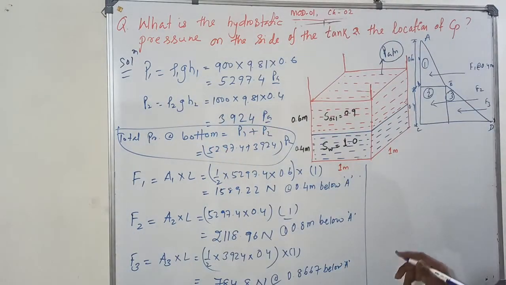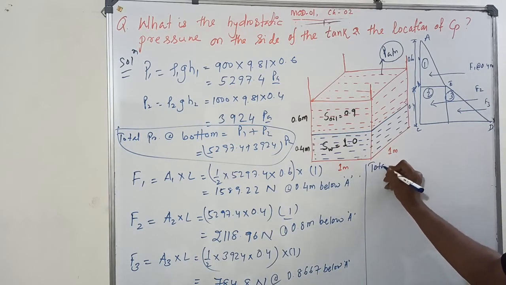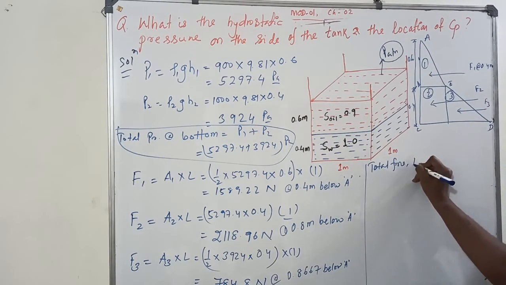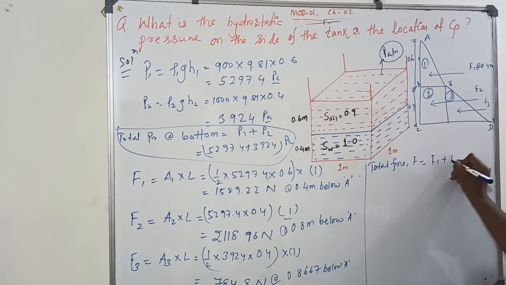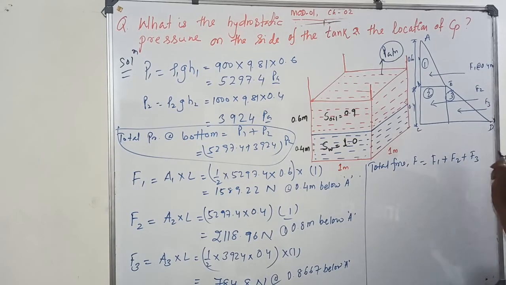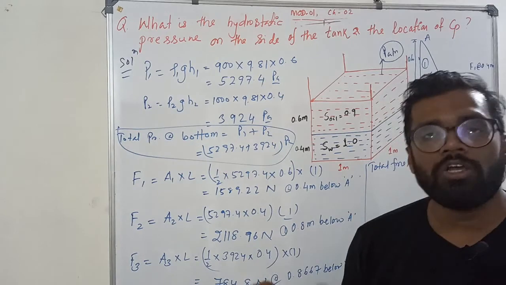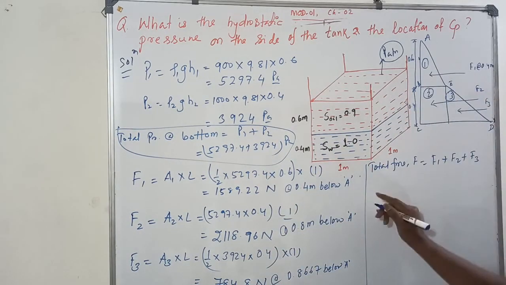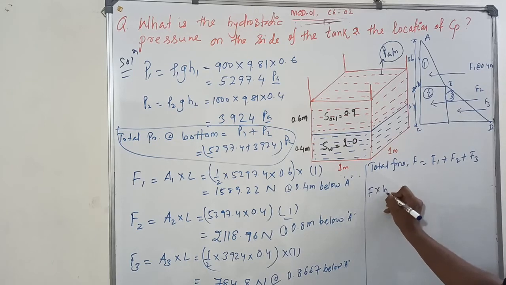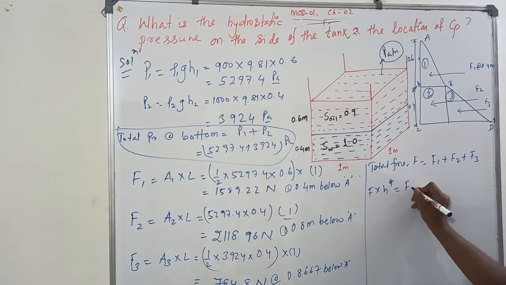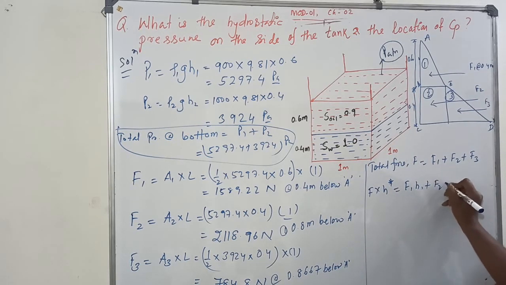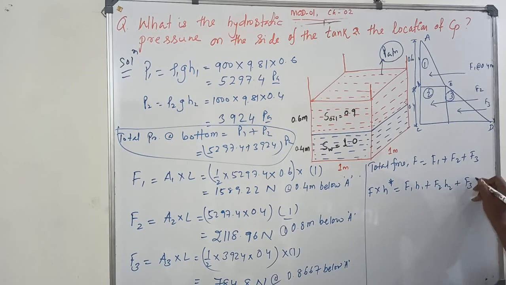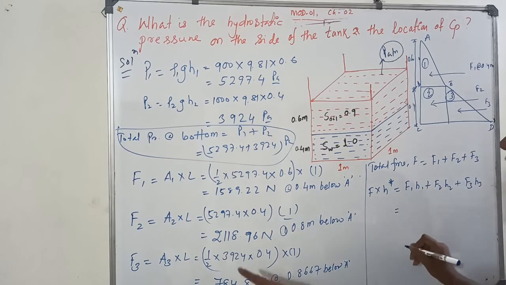If you take the moment of your total force F, this implies total force F is equal to F1 plus F2 plus F3. So the moment of the total force will be equal to the summation of the individual moments. That is F multiply H star equal to F1 H1 plus F2 H2 plus F3 H3. So what is your F1?